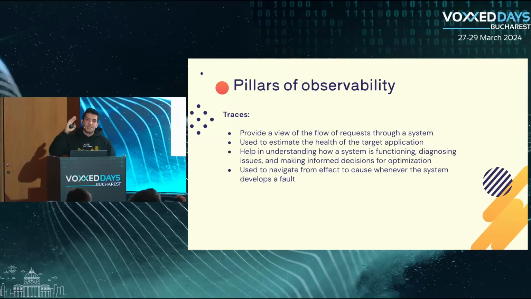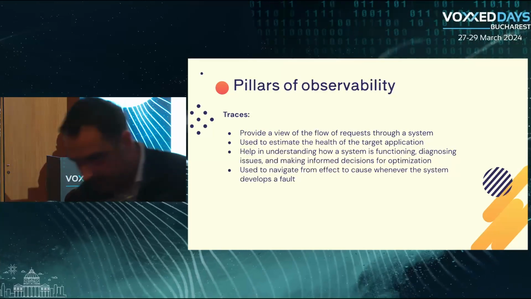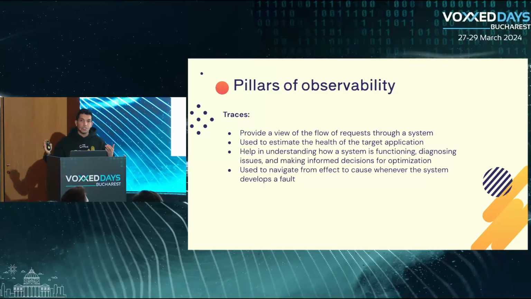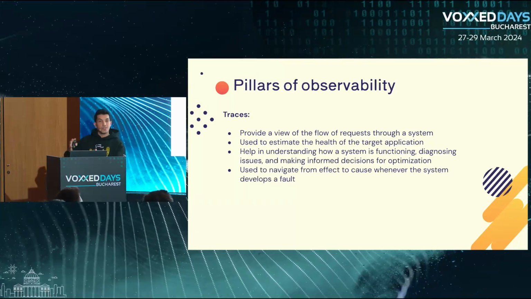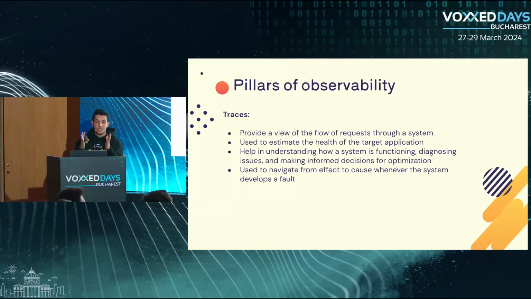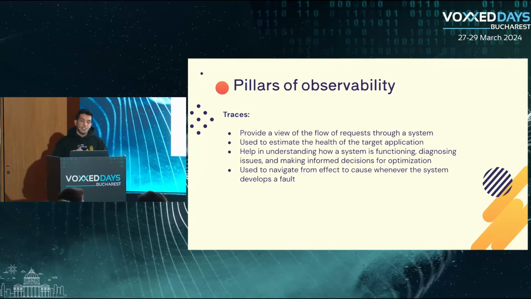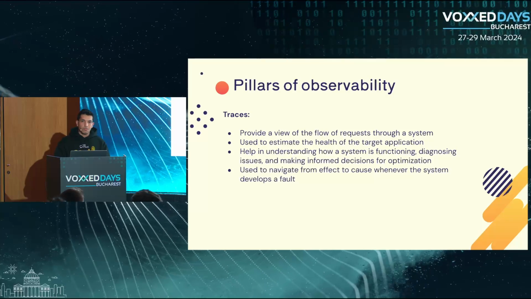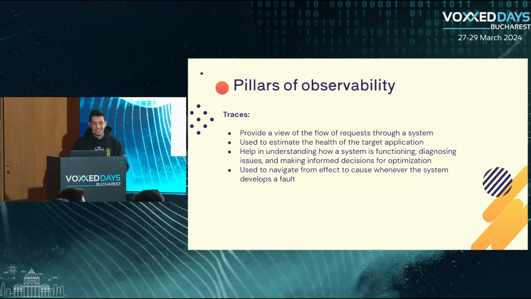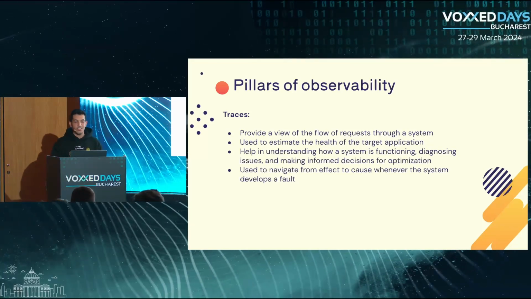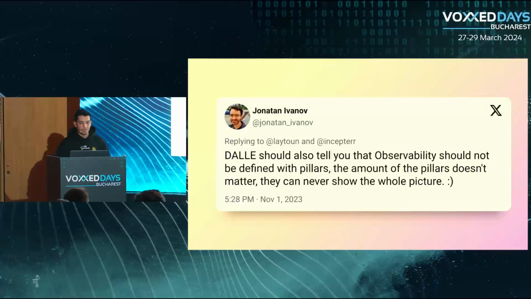They tell us from the moment the request entered our perimeter until it left, the path it took, and if there is some bottleneck, latency issue, or error, where it actually is. It helped diagnose bottlenecks, latency issues, and faults if we introduced them.